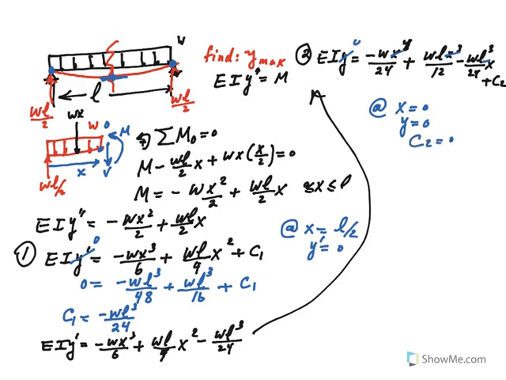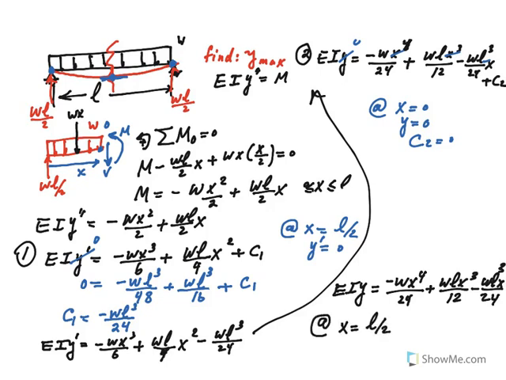So here we go. The equation for our deflection curve becomes EIy equals minus Wx⁴/24 plus WLx³/12 minus WL³x/24. Remember, C2 is 0. So maximum deflection happens at x equals L/2, and I haven't done this calculation.